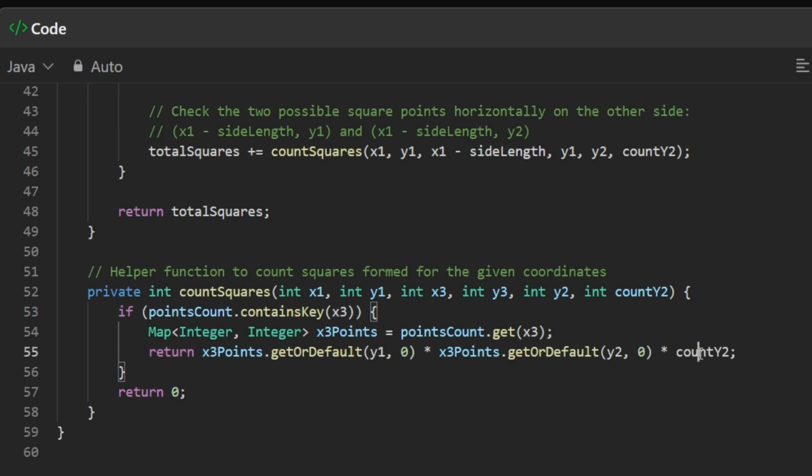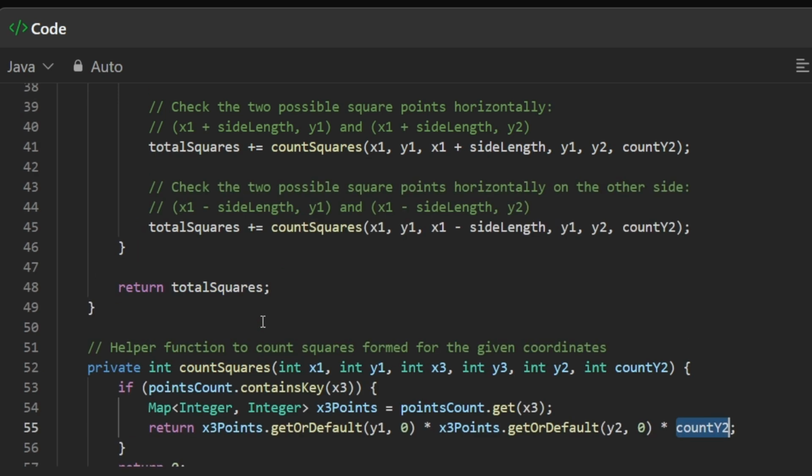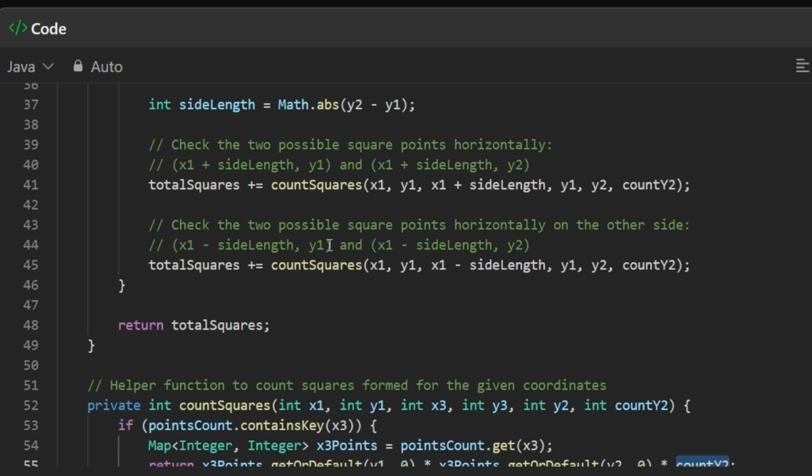If we do, we check what the count frequency is, and we simply multiply that to add the value to our total squares. And we do it for both x1 plus side length and x1 minus side length. So this would give us both sets of endpoints, and in the end we simply return total squares.